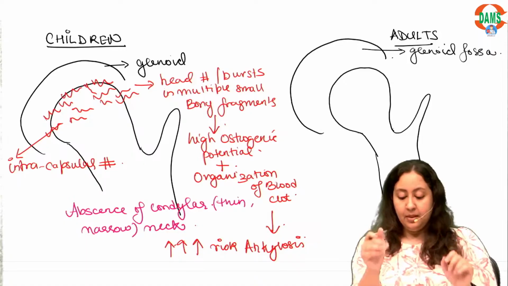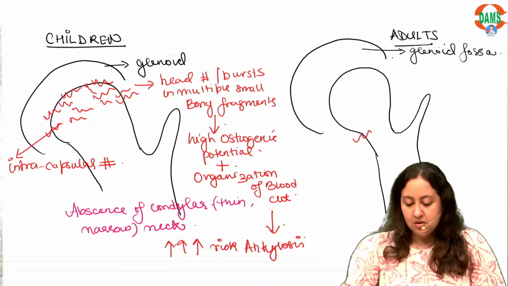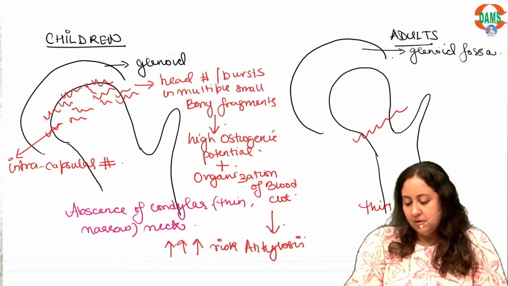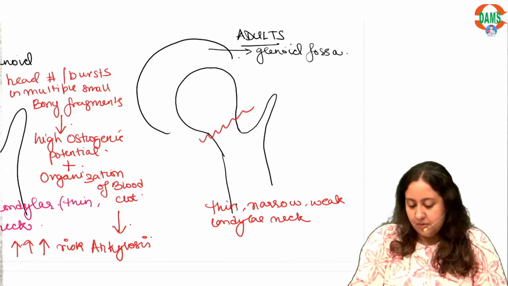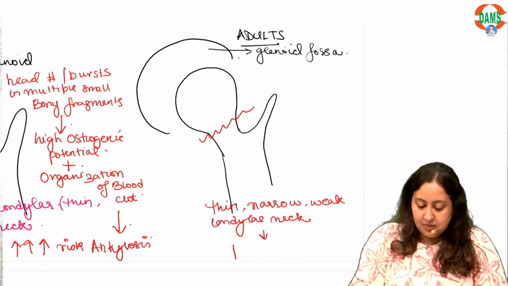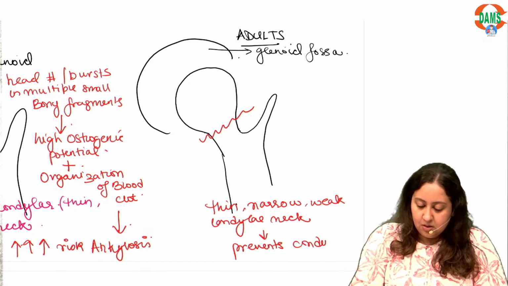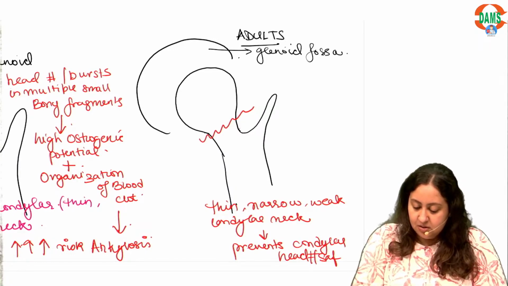Okay. Now what is happening in adults? There is a thin, narrow, weak condylar neck, and this prevents condylar head fracture and acts as a safety mechanism.